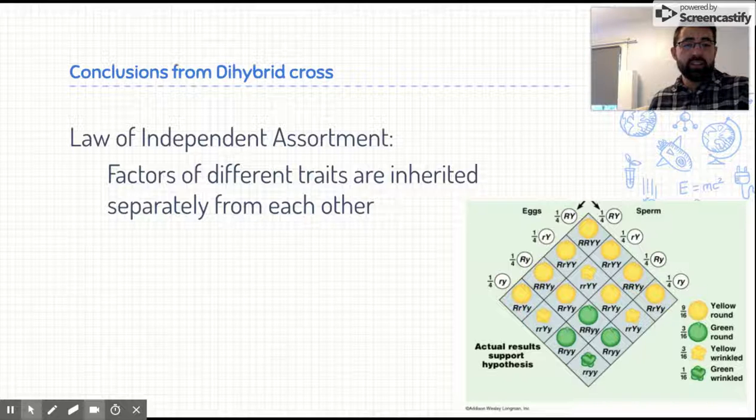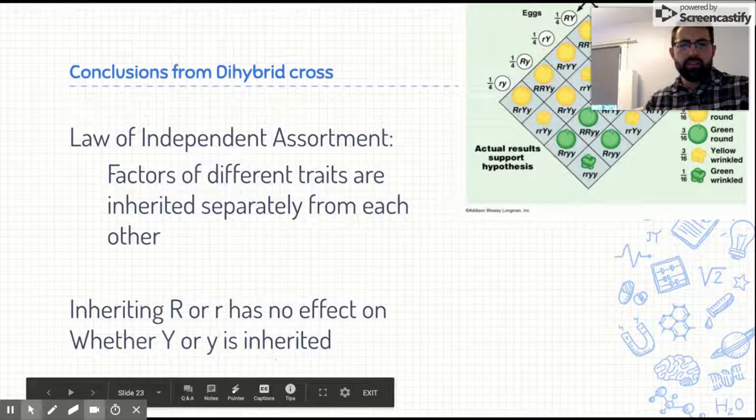Same thing the other direction. If you have a little y, it does not affect which R trait you get. And this was verified multiple times with the same or very close to the same ratios, which is really incredible, that Mendel was able to fall upon this perfect specimen of study that followed the rules so closely.